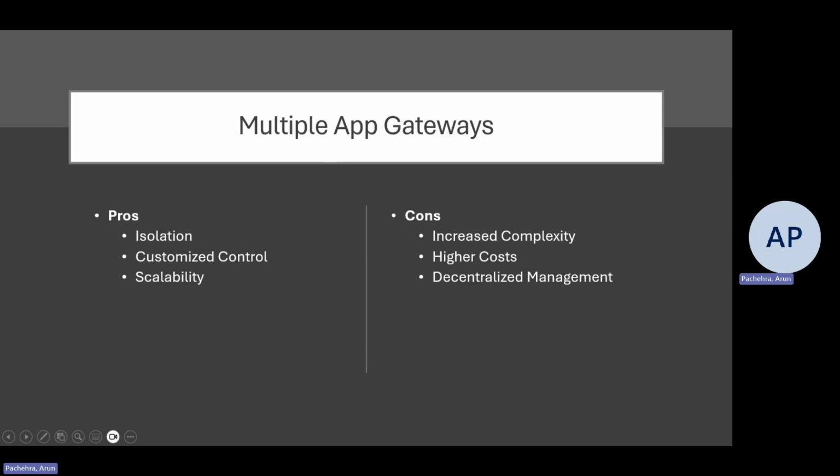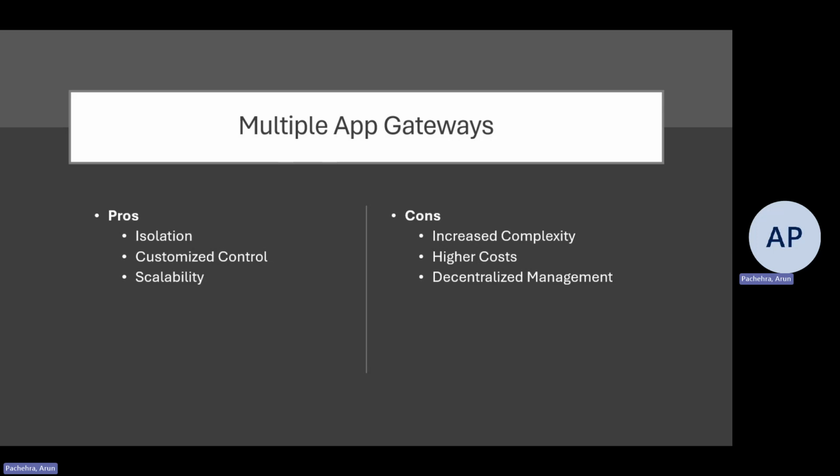And what are we losing if we're using multiple app gateways? The very first thing is it will definitely increase the complexity. Managing multiple application gateways increases operational complexities, requiring more effort to maintain and monitor each instance. And of course, if there are multiple app gateways for multiple applications, accordingly, you have to apply the RBAC policies, IAM, and different stuff.